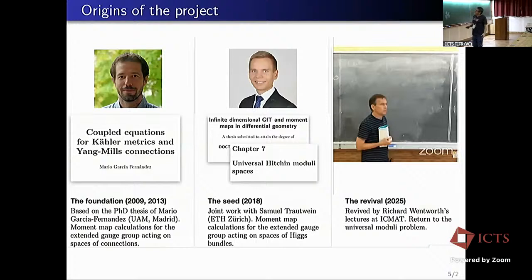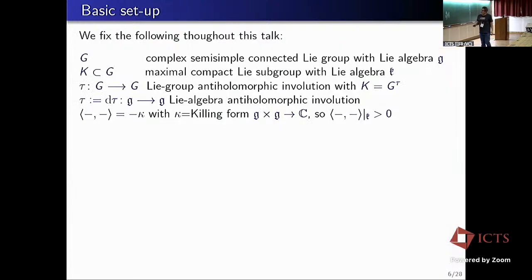This is more personal, how this developed. Now, I want to give some notation that will be used throughout this talk. As I said, G will be fixed, and K will be a maximal compact Lie subgroup. This is standard, and we try to follow, not always, but Brian's notation. That will not be showing up so much, but this is just a Lie group anti-holomorphic involution.